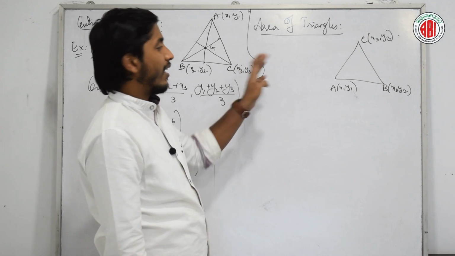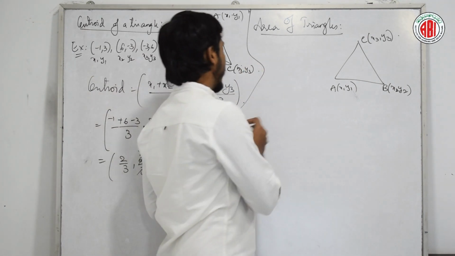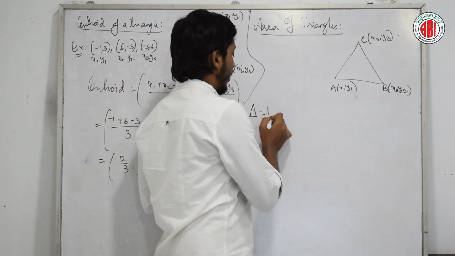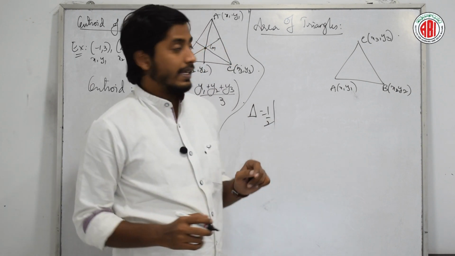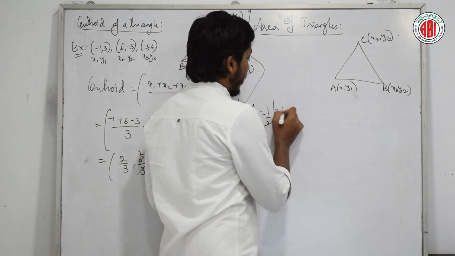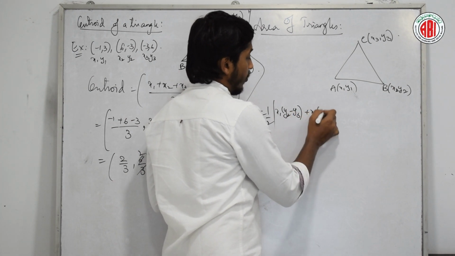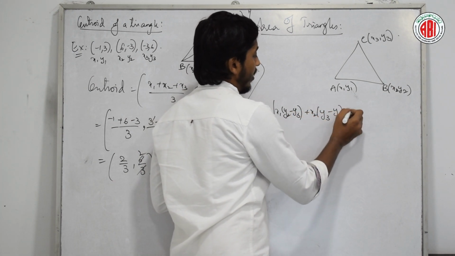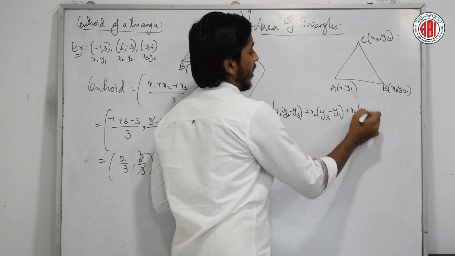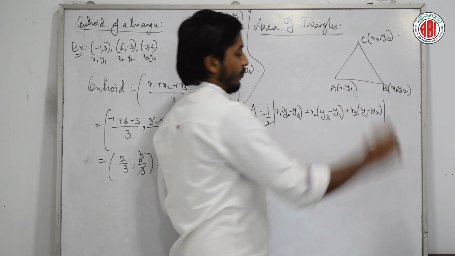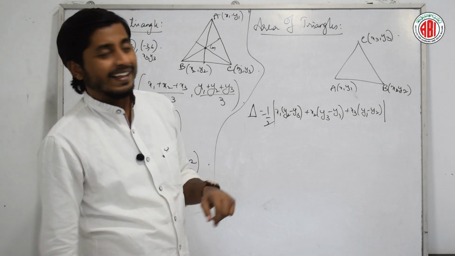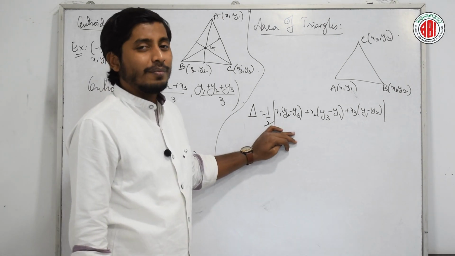Remember, we will not derive anything, we will directly learn the formula, that is the area of triangle is x1 into y2 minus y3, x2 into y3 minus y1, x3 into y1 minus y2. Can you remember this? How to remember?